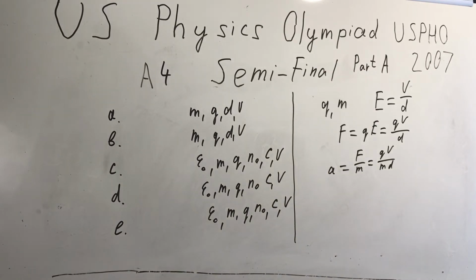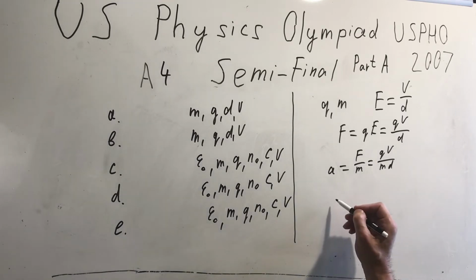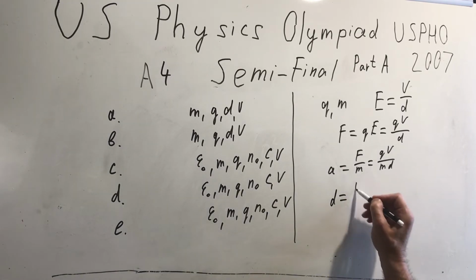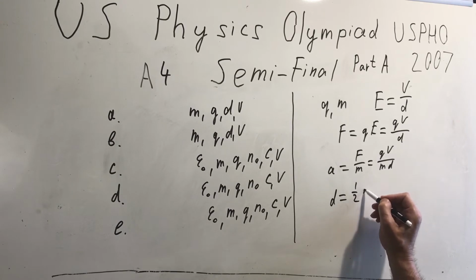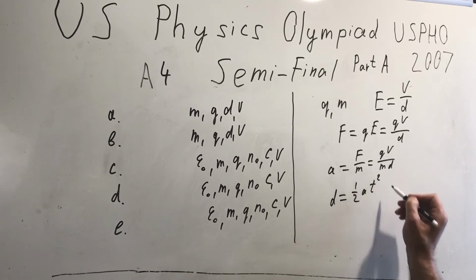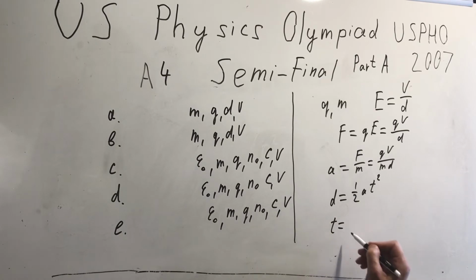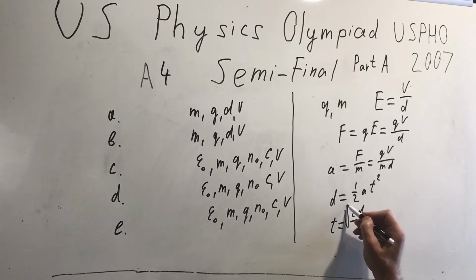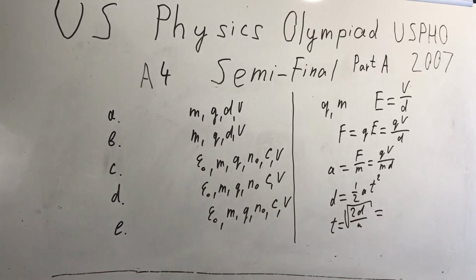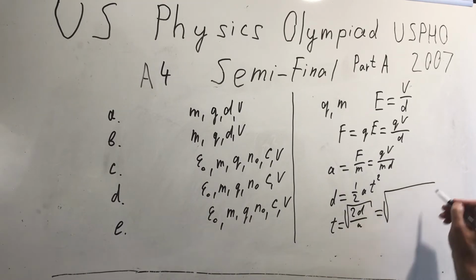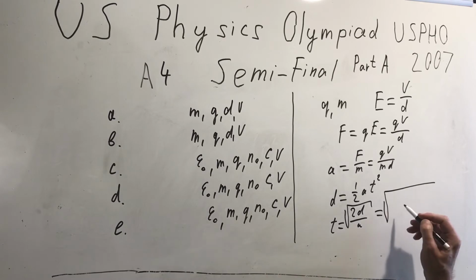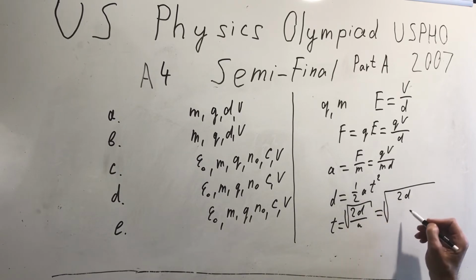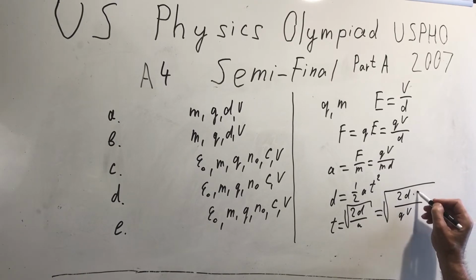After that we find the time by using the formula: distance equals 1/2 a t squared, and time equals the square root of 2d over a, which is the root of 2d over qV multiplied by md.